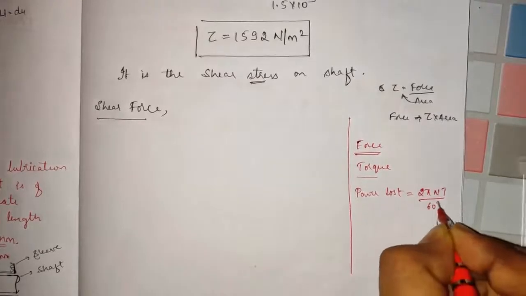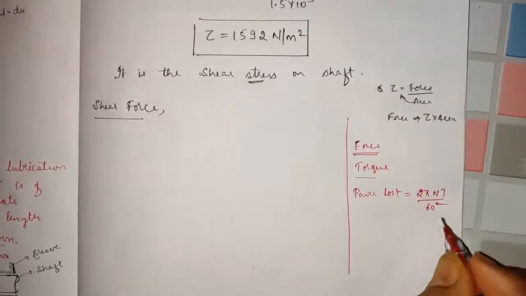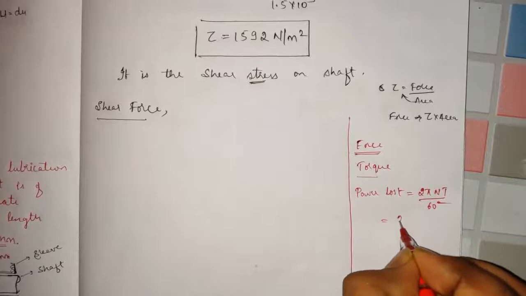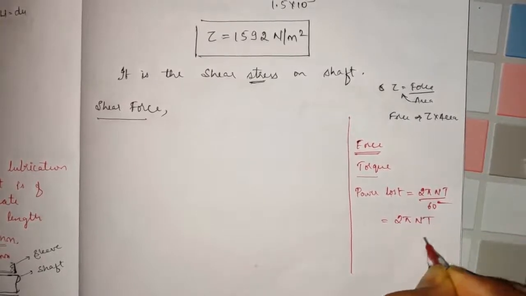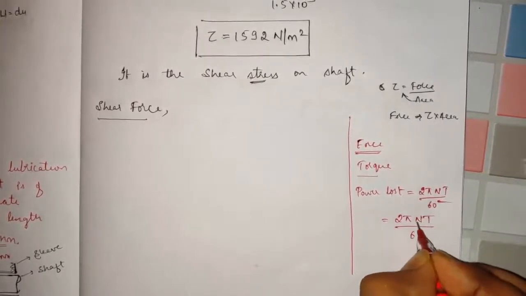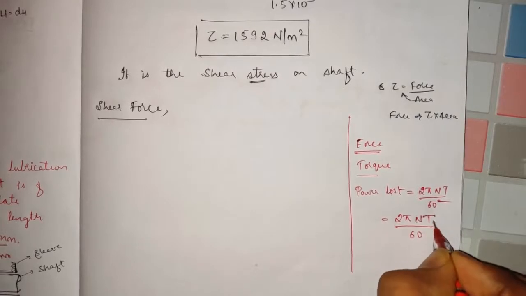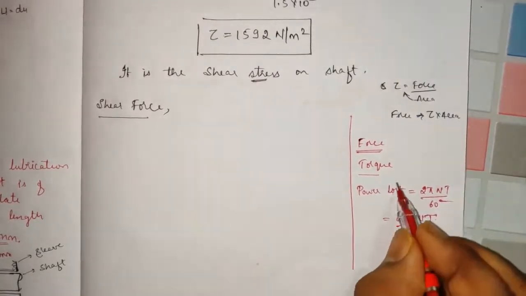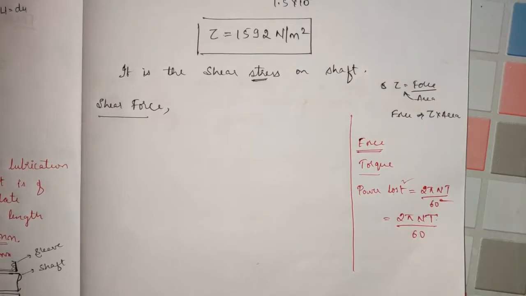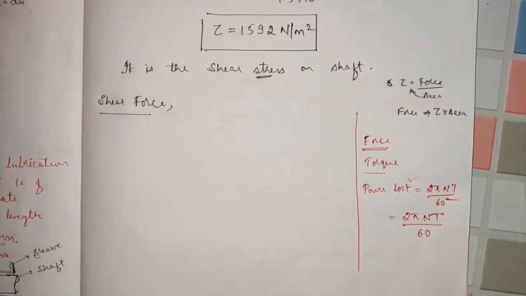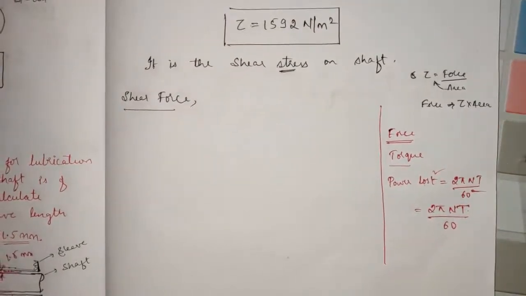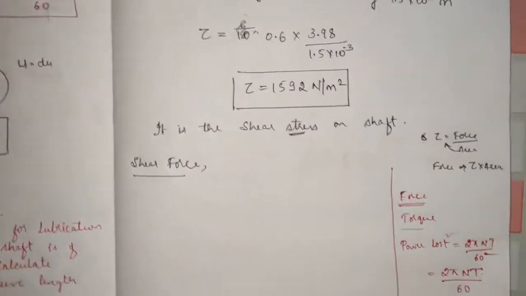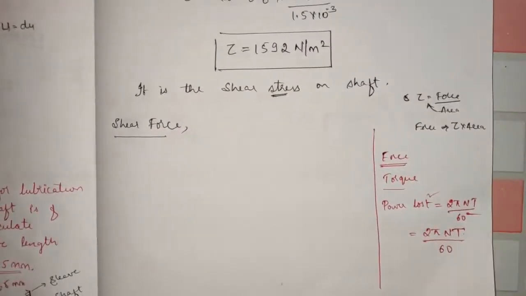It's an empirical formula. So 2 pi nT by 60, where N I know, and T is nothing but the torque. 2 pi nT by 60 is nothing but the power lost. So power is back, my dear friends. Wait, I need to align.